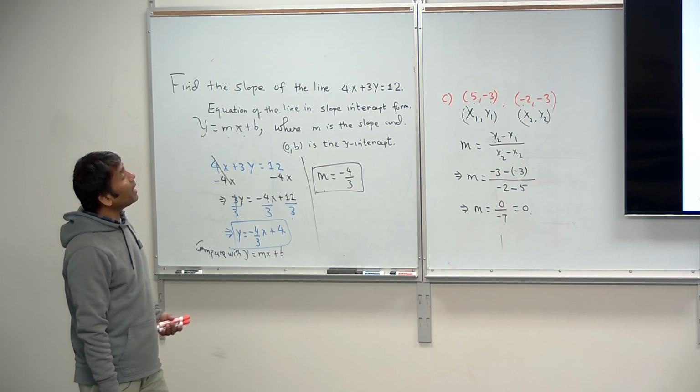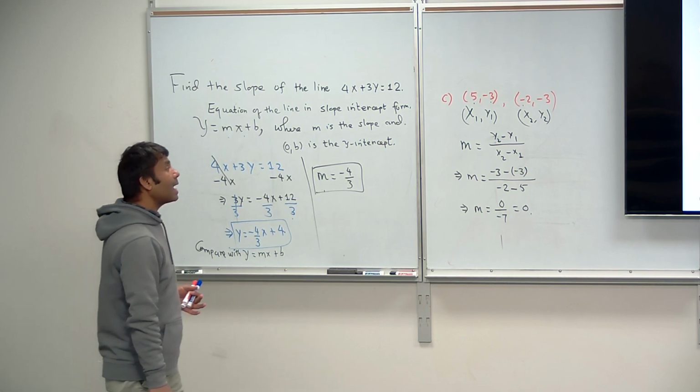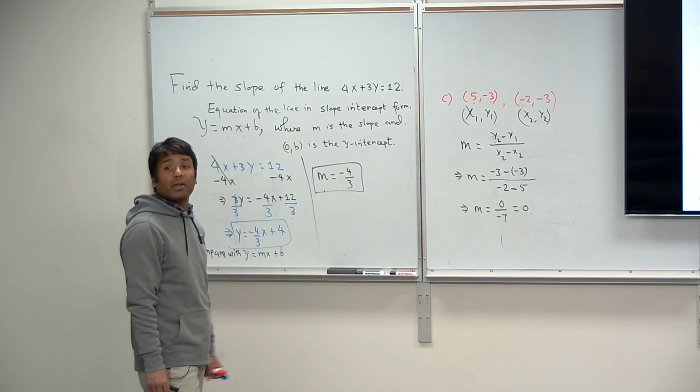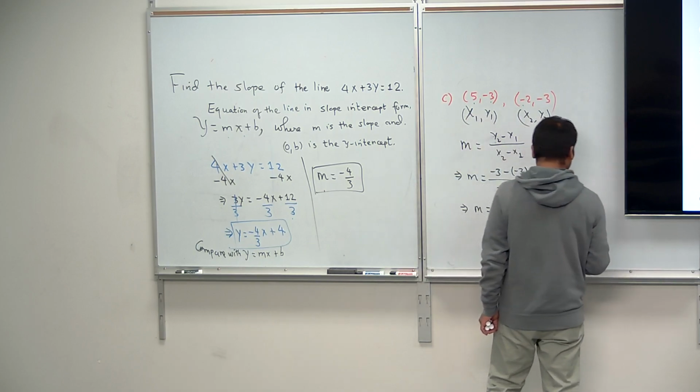So now the next one is: graph the line passing through the point negative 1, 5 and having slope negative 5 over 3. You look at the slides, okay?